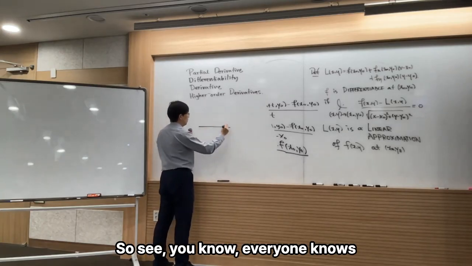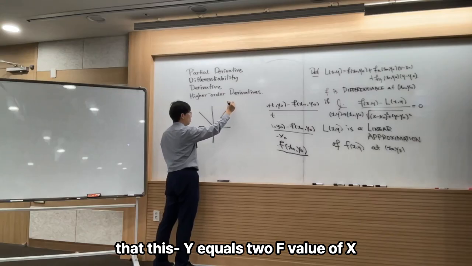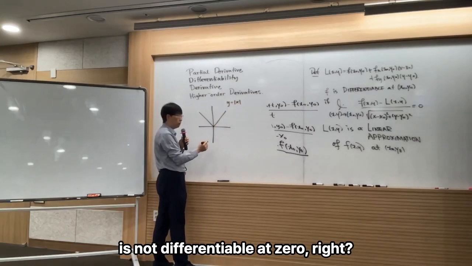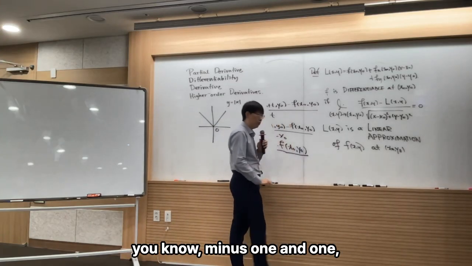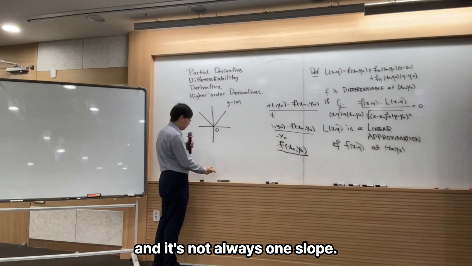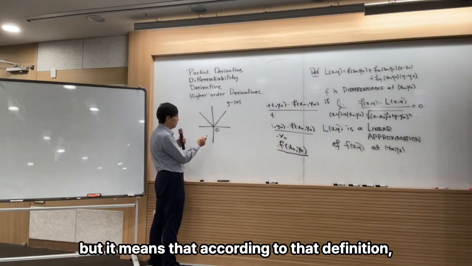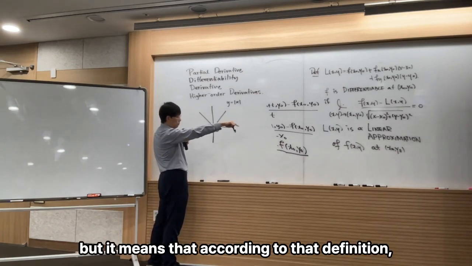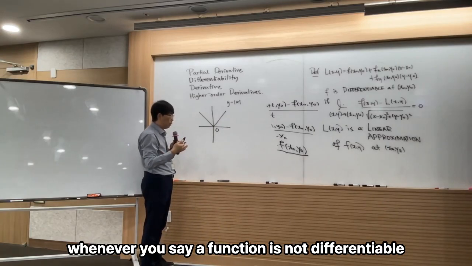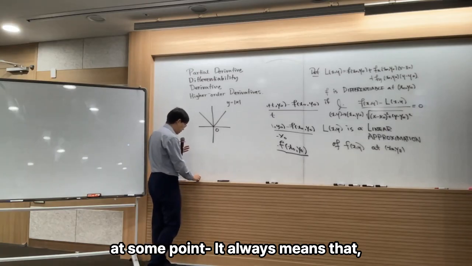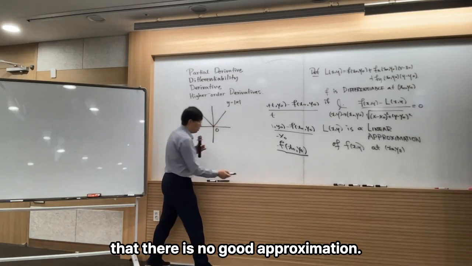So, you know, everyone knows that y equals the absolute value of x is not differentiable at 0, right? Why is that? We often say a slope has, you know, -1 and 1, and it's not always one slope. Well, kind of right, but it means that according to that definition, whenever you say a function is not differentiable at some point, it always means that there is no good approximation.